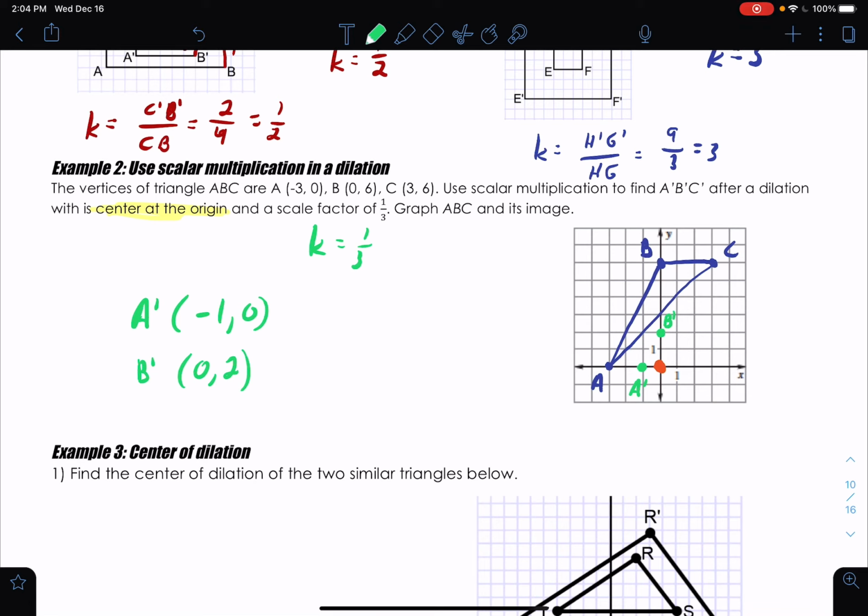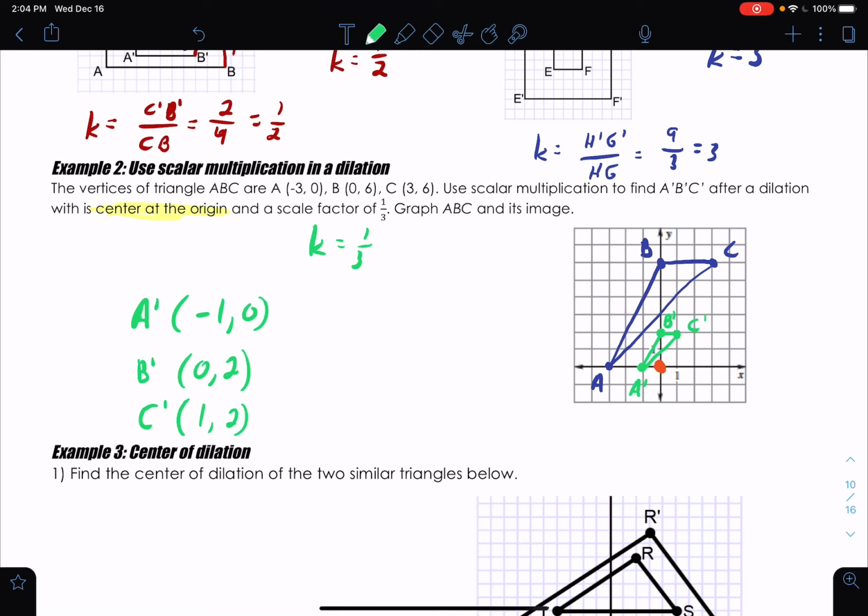Instead of going up 6, a third of 6 is 2, so I'm only going to go up 2. Instead of going to the right 3, a third of 3 is 1. So I'm going to go up 2 and to the right 1. That's C prime. So there is the image of this triangle. The coordinates of C prime are 1, 2.